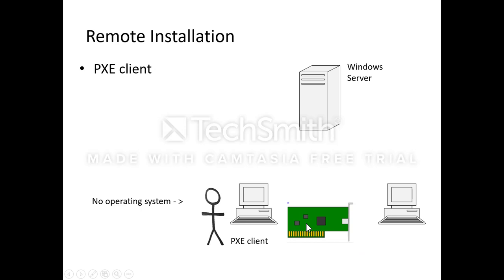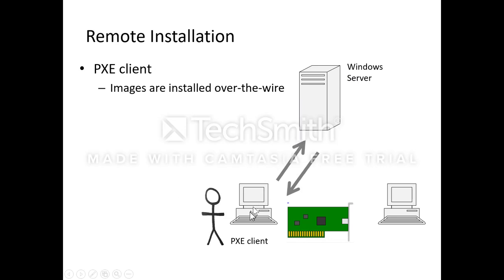A PXE network interface card has a very simple job. Even though there's no operating system on the workstation, when you fire up a computer with a PXE network interface card, it sends a signal to the deployment server, and the deployment server performs an installation over the wire, and now Windows 10 is installed on this computer.